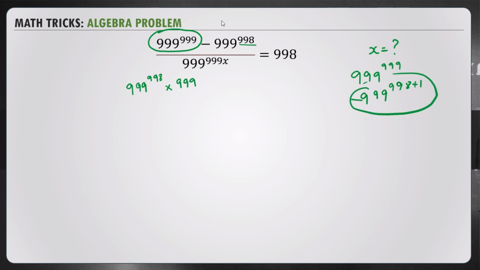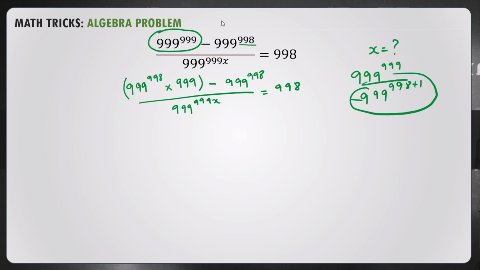Taking this into consideration, minus, and let's put this in a bracket so we don't get confused, 999 to the power of 998, over 999 to the power of 999. The power of x is equal to 998.